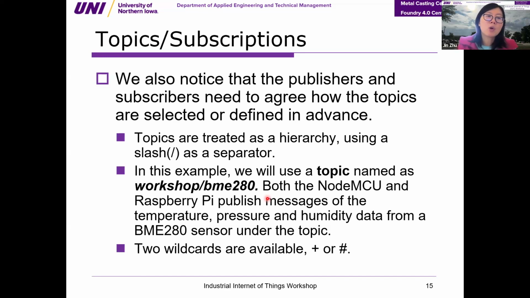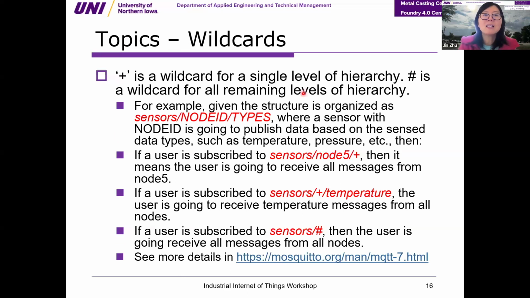There are also two wildcards that are useful. One is the plus sign, and one is the sharp sign. The plus is a wildcard for a single level of the hierarchy. For example, if you have a structure organized as sensors, node ID, and then types, the node ID tells you which node is publishing.